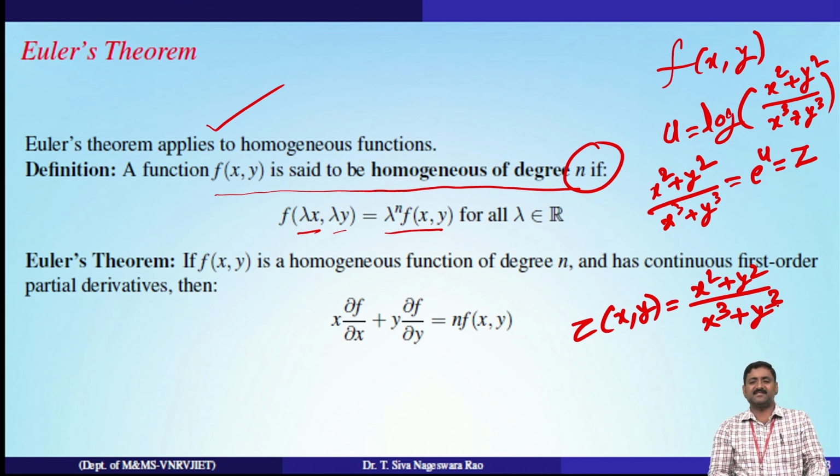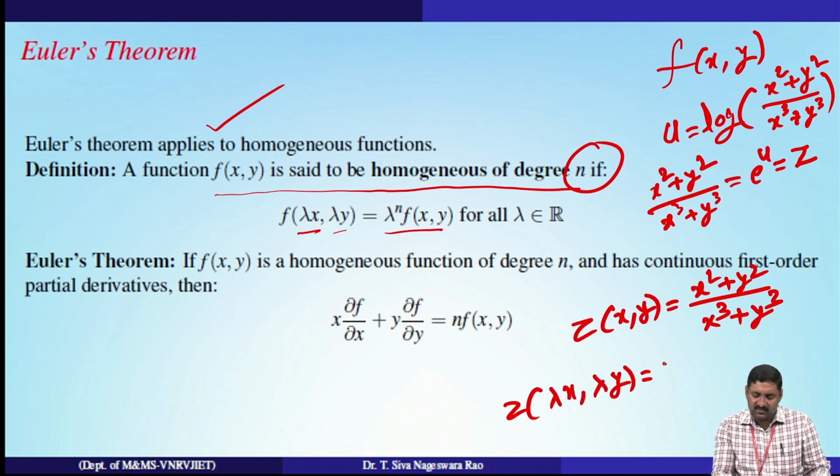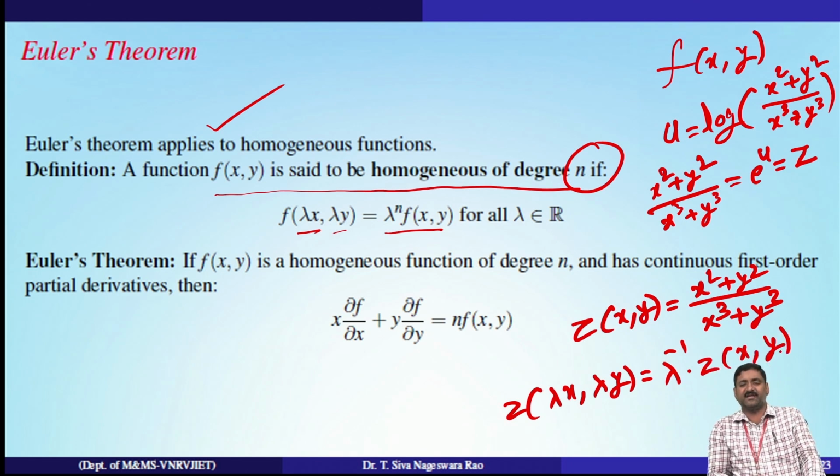We will replace x with lambda x and y with lambda y. So we will get finally z of lambda x comma lambda y is equal to lambda power minus 1 into z of x comma y. So this is a homogeneous function of degree minus 1. If the given function is not homogeneous, we will convert it into a homogeneous function by taking a substitution. Right.